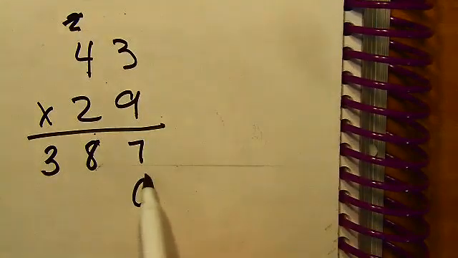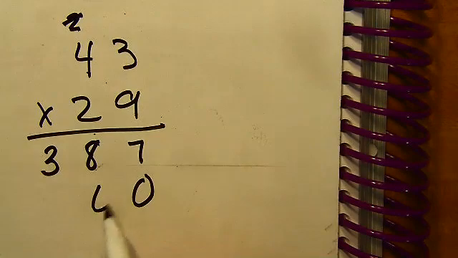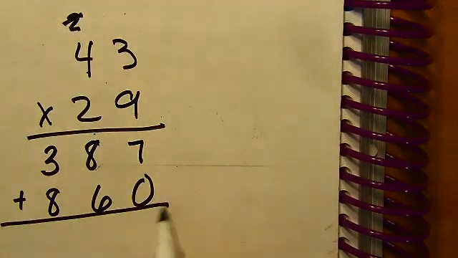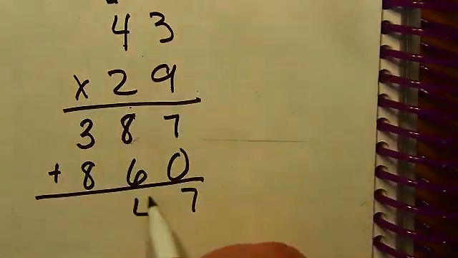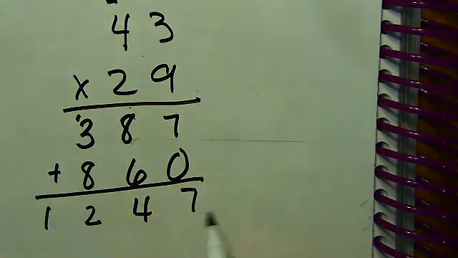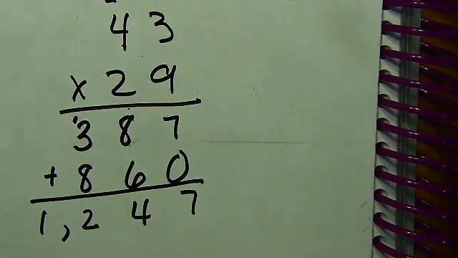I'm going to go down to the next level. Now I'm going to do 2 times 43. 2 times 3 is 6, and 2 times 4 is 8. And then I add them together. 8 plus 6 is 14, 8, 9, 10, 11, 12, comma, 1,247.